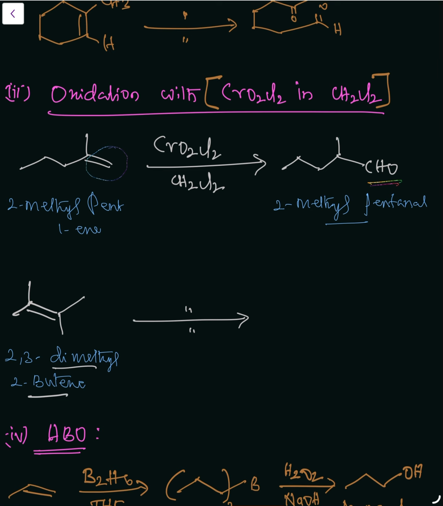So central alkenes will give you ketones. Then this is the compound, CH3. So this is 3,3-dimethylbutan-2-one, the product.